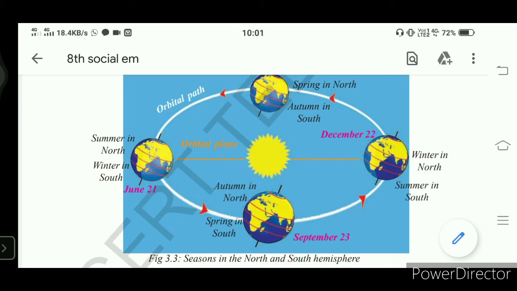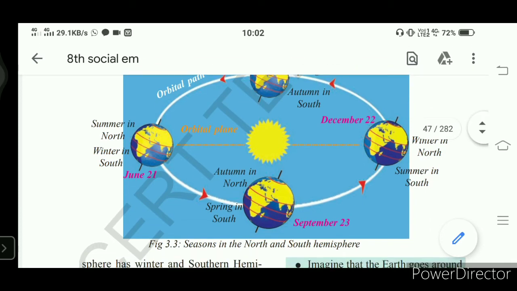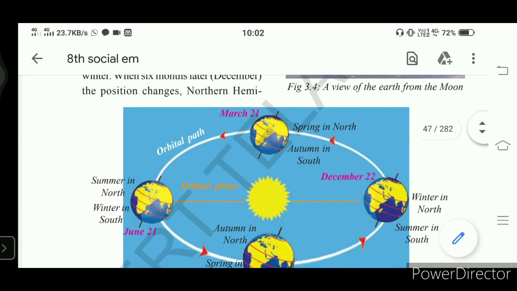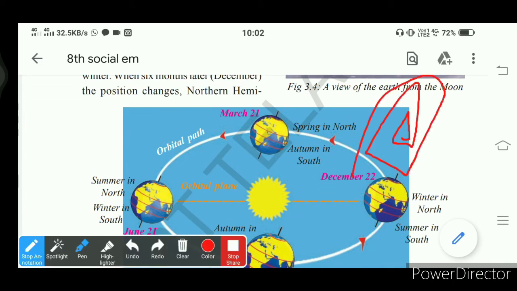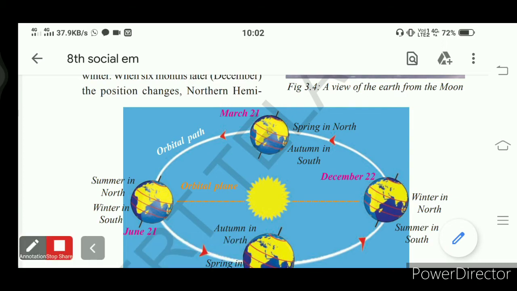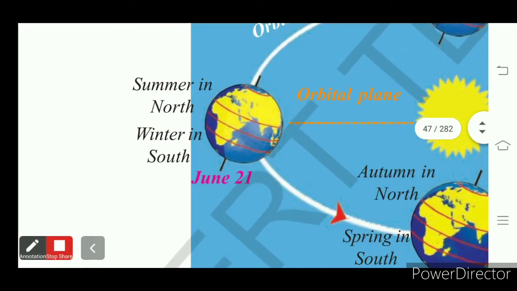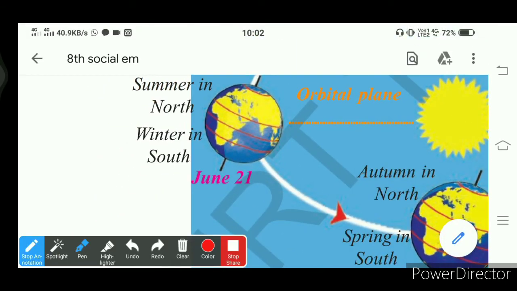Understand? As we move towards north or south from the tropical belt, we reach a region where it gets warm in summer but also very cold in winter. You see here, dear students, as we move from the equator to the north, what happens on June 21st on the Tropic of Cancer?